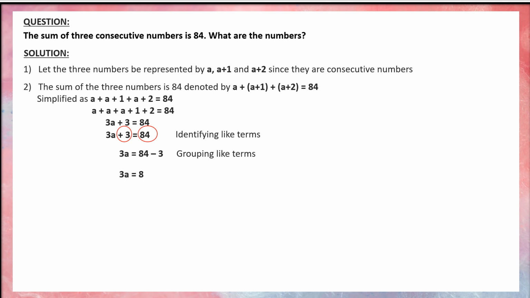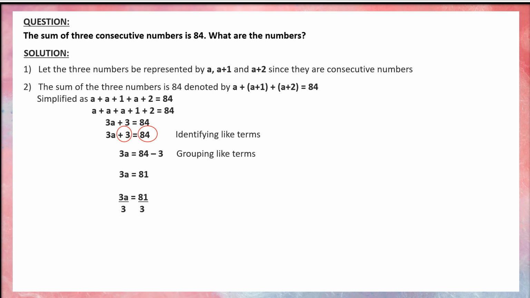Grouping the like terms, we said 3A is equal to 84 minus 3. So the left hand side remains as 3A. The right hand side, which is 84 minus 3, becomes 81.